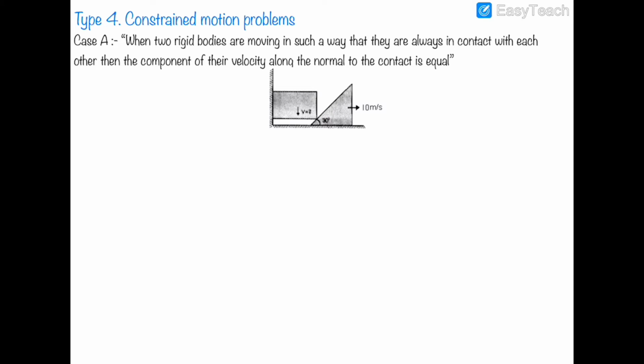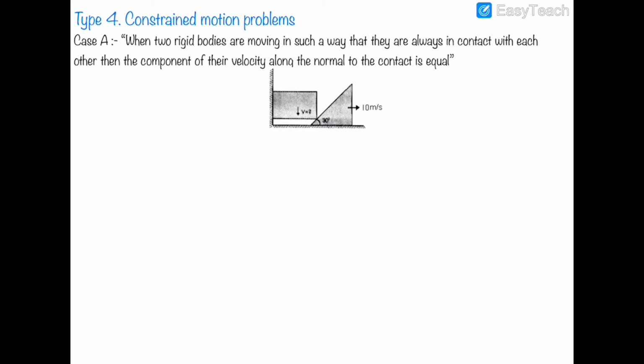Now this wedge is also in permanent contact with the floor, and it cannot go downwards due to the restrictions of the floor, and it cannot go upwards due to the fact that there is no force which is lifting the wedge upwards. So it will move only in the x-axis, the wedge, and the rectangular block will move in the y-axis.